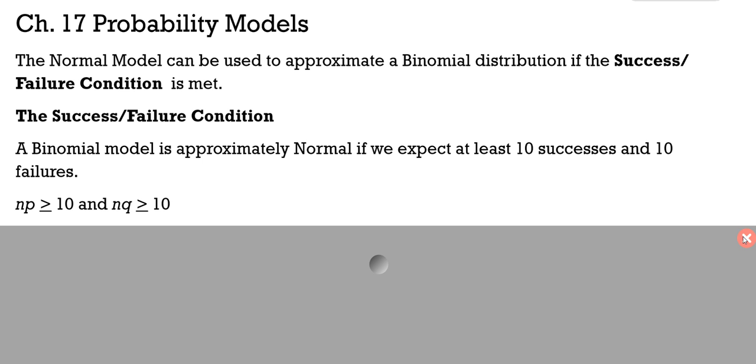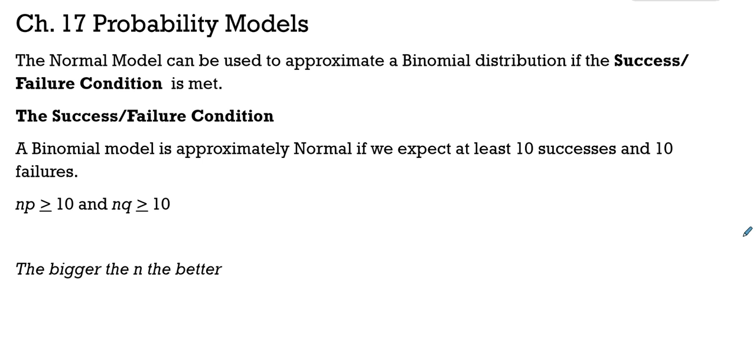Usually better for larger samples, right? The bigger the n, the better for using the normal model. We could not use the normal model for what we described with the Tiger Woods, right? n times p only gives us 2. We would expect 2 successes. That's not enough, so we wouldn't be able to use the normal model for that. We'd have to use the binomial model.